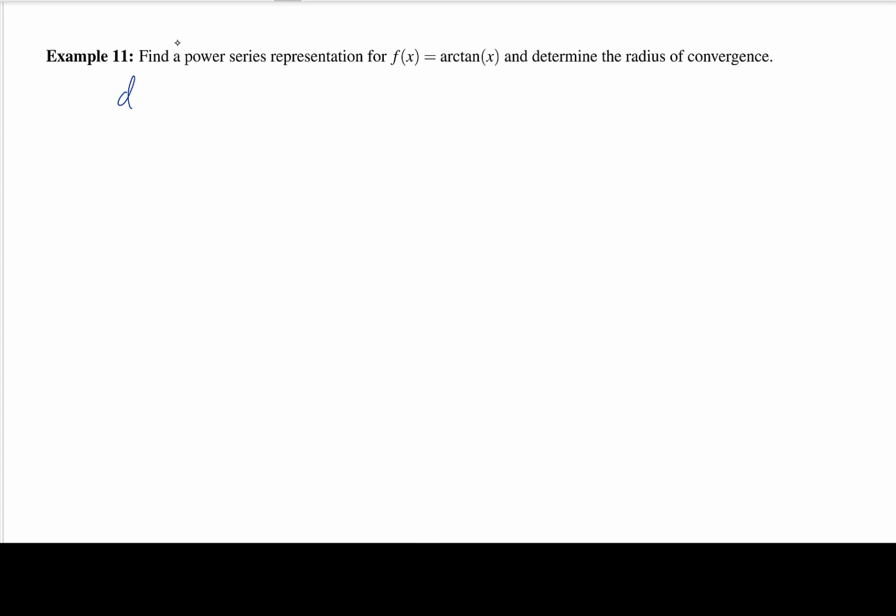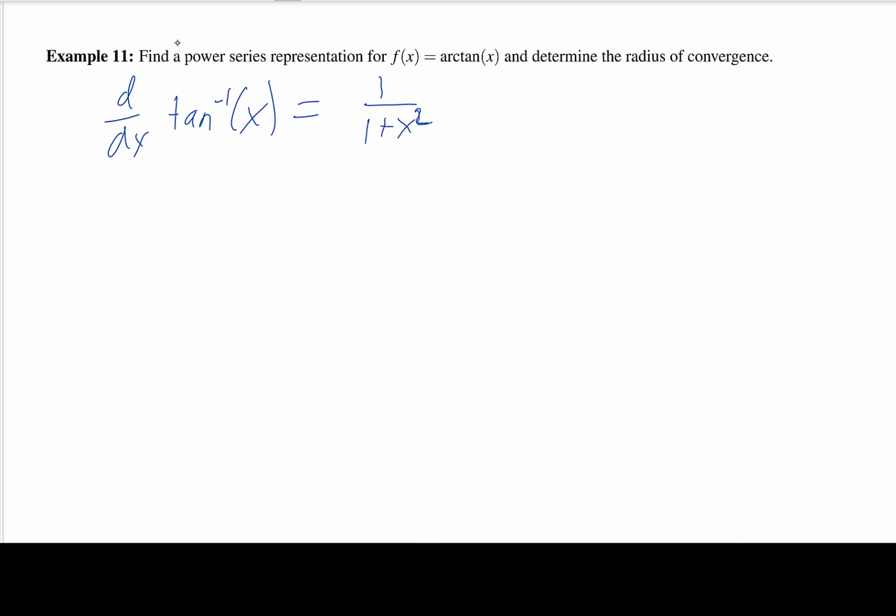We have a real quick derivative rule. We know that d dx of tan inverse of x, remember this is the same thing as arctan of x, but I'm lazy, so I prefer to do one less pen stroke and do tan inverse instead of arctan. So this will be equal to 1 over 1 plus x squared.